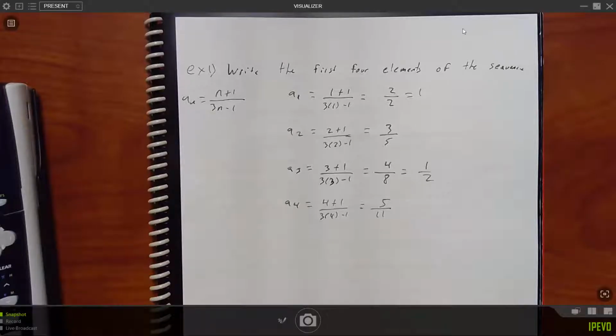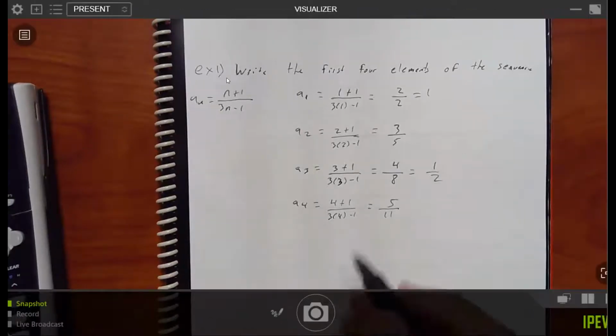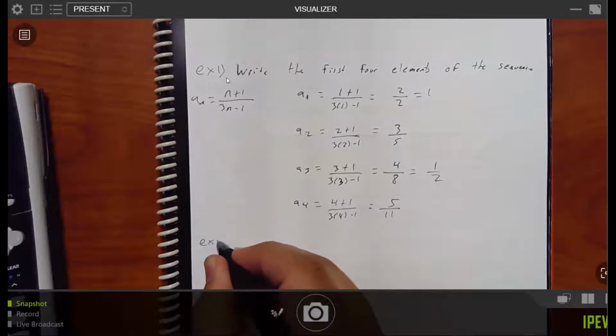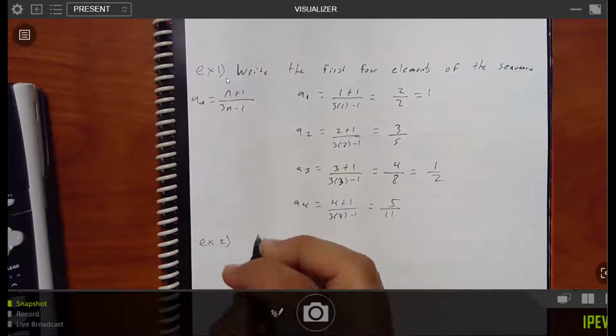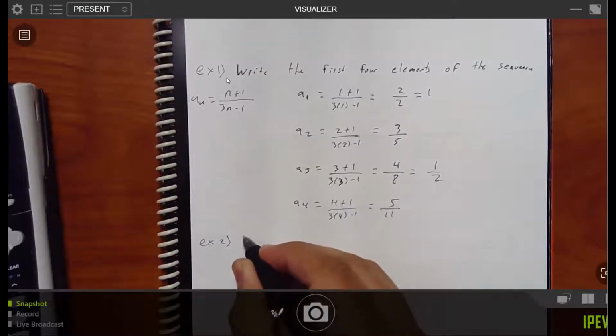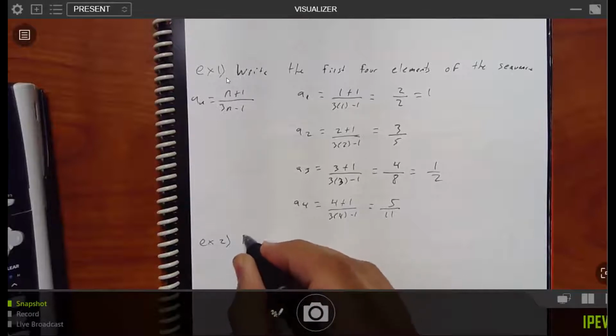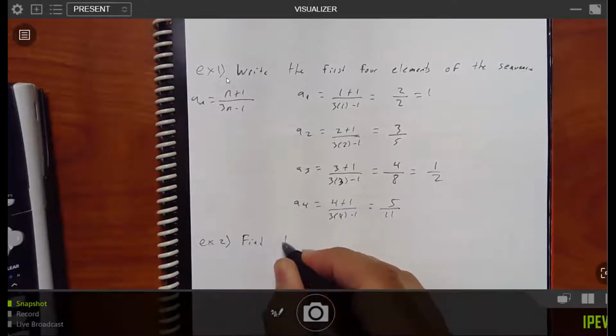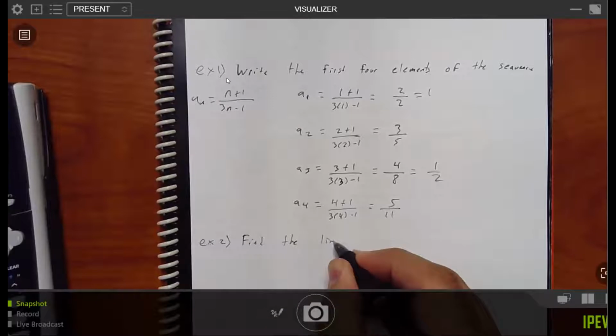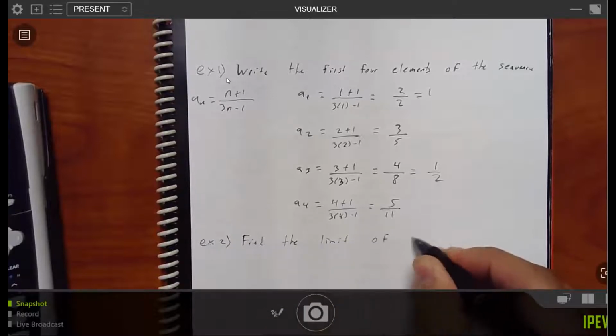You write the question down really quick. Find the limit of the sequence.